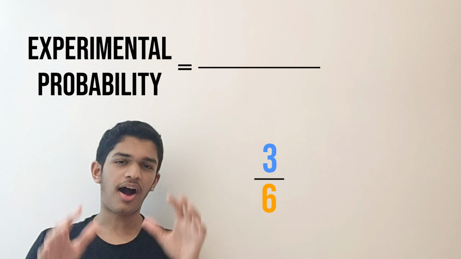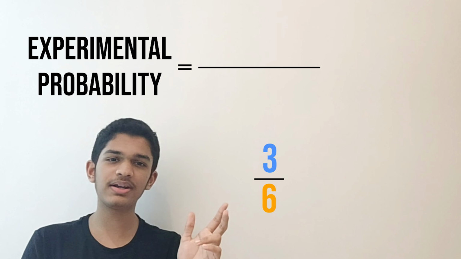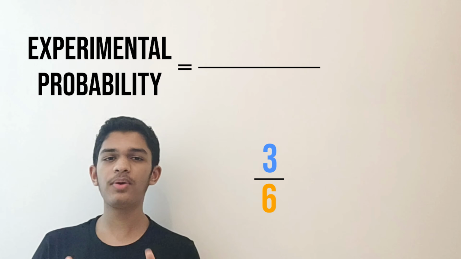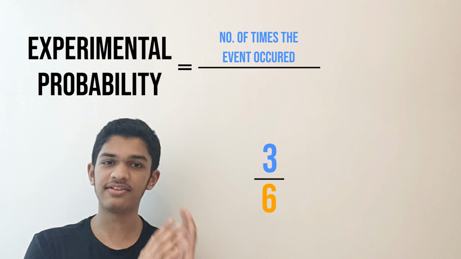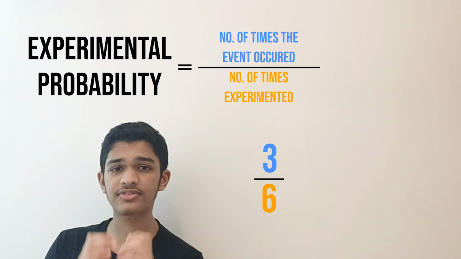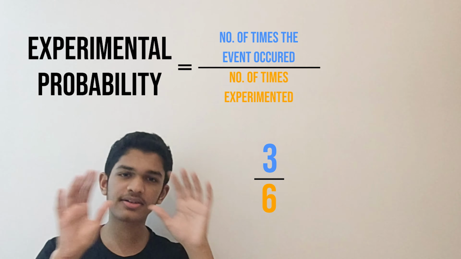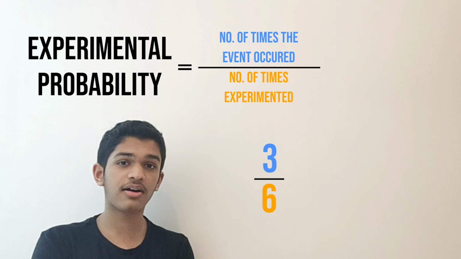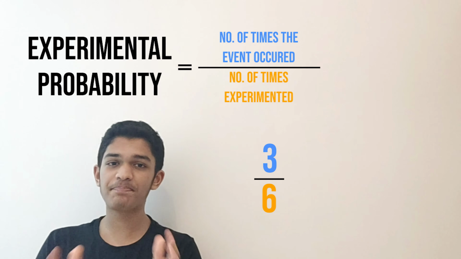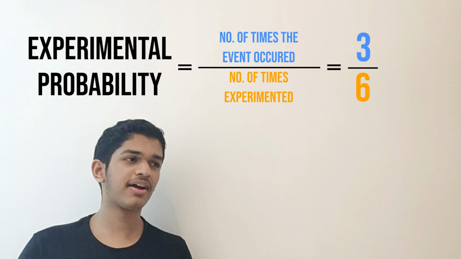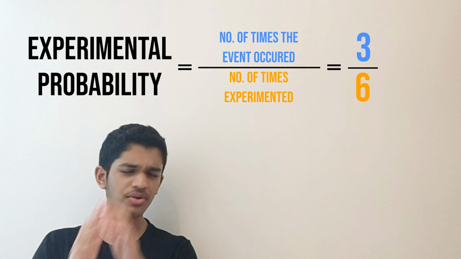Okay, so quickly, how did we find this probability? In the numerator for experimental probability, I will put the number of times the event occurred, and in the denominator, I will put the number of times I performed the entire experiment. The event of getting a 3 occurred 3 times, and I performed the entire experiment 6 times, thus giving us 3 by 6.